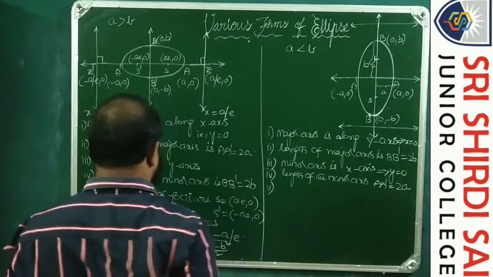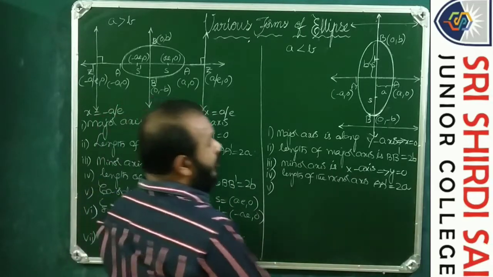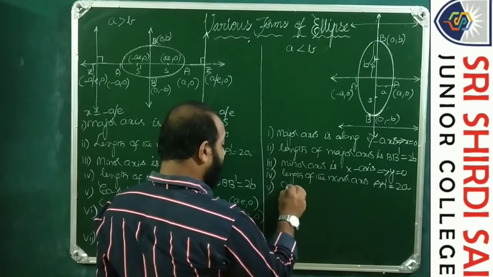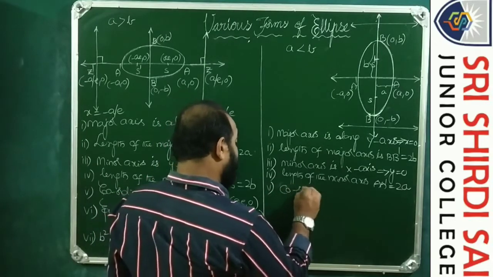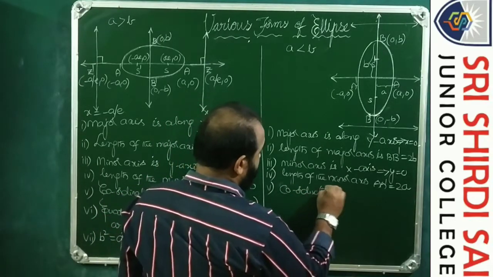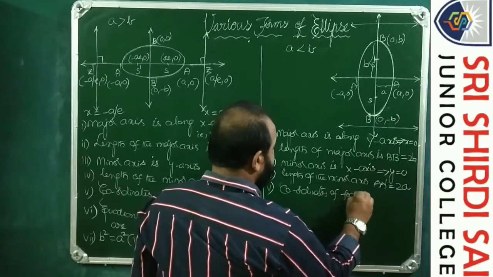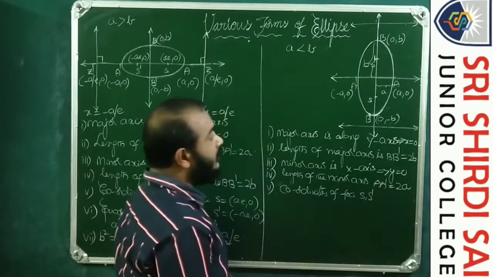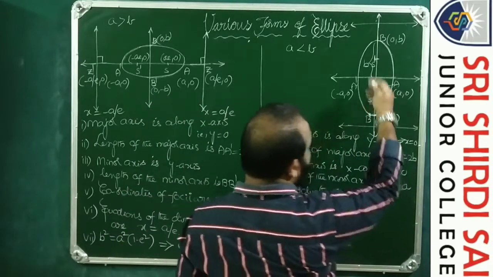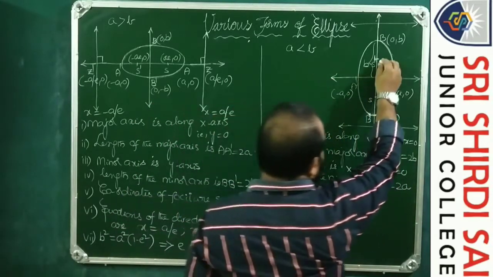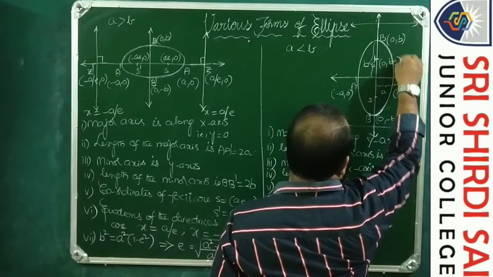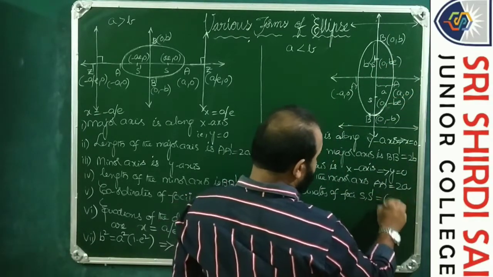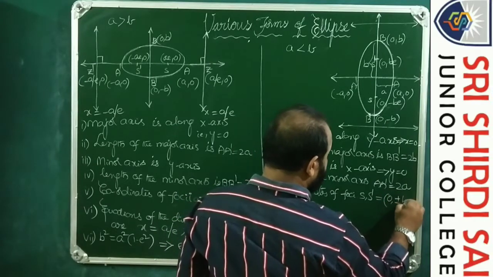And the coordinates of the foci are S and S dash. Since they are lying on the y-axis, this is 0 comma BE and this is 0 comma minus BE. So that is 0 comma plus or minus BE.